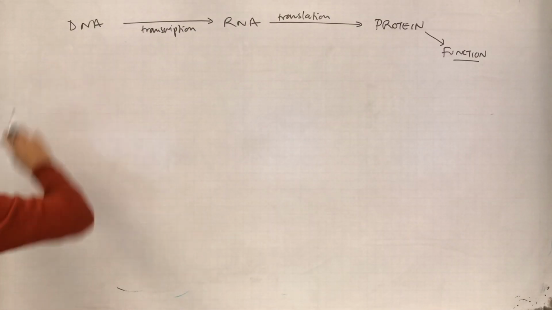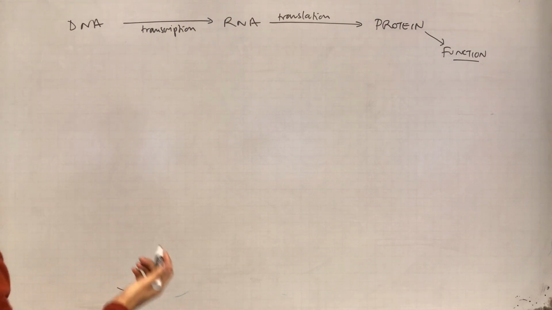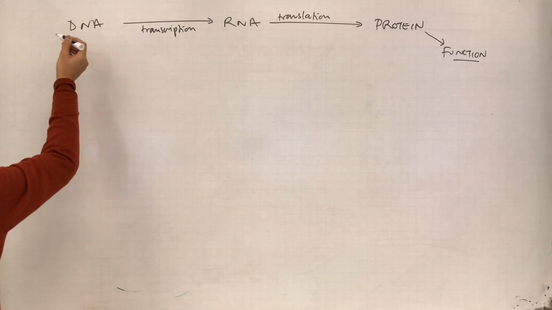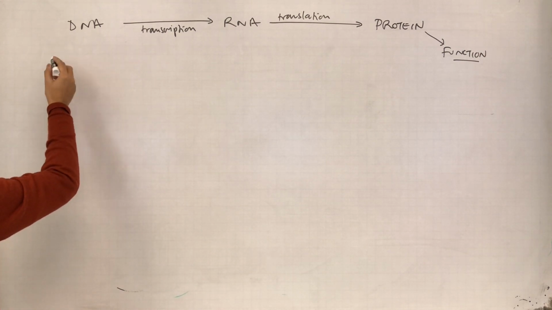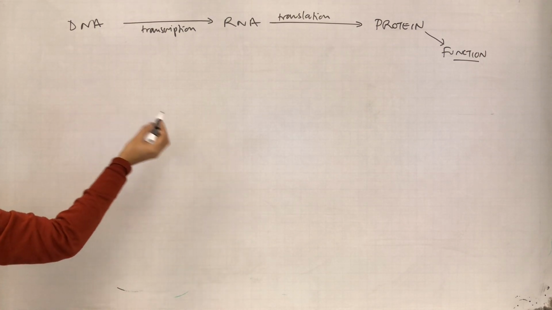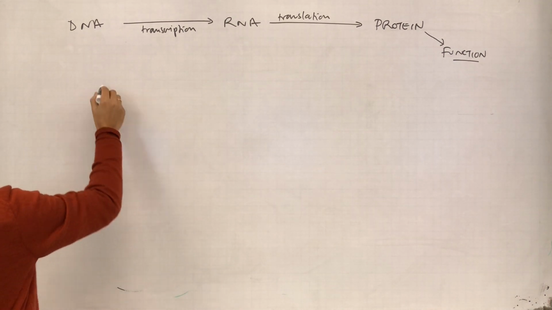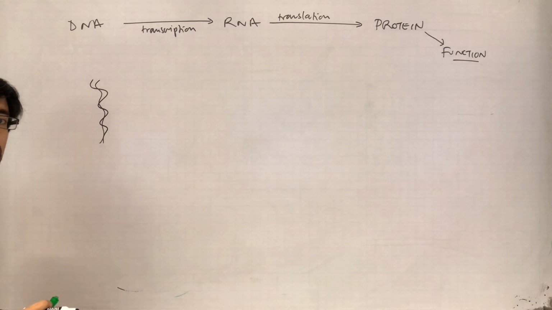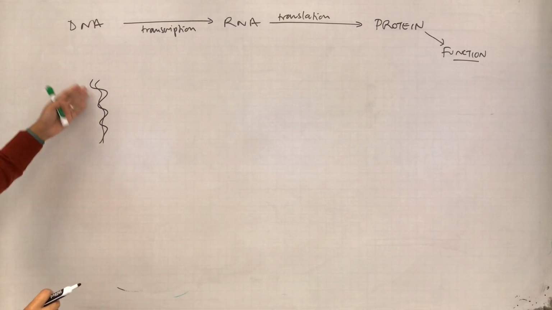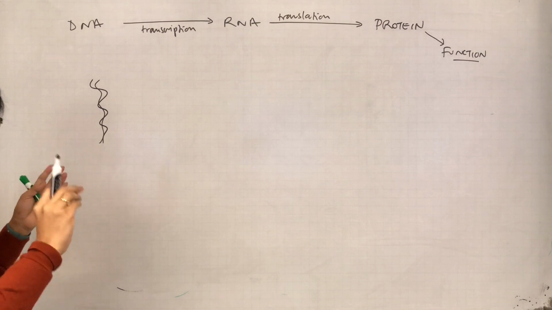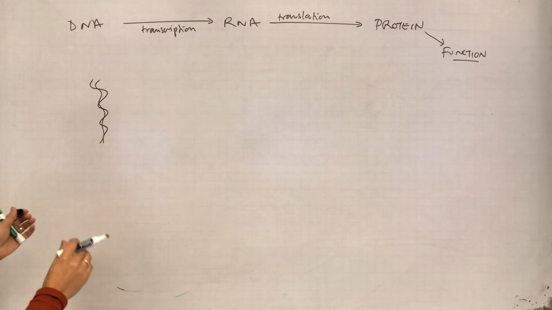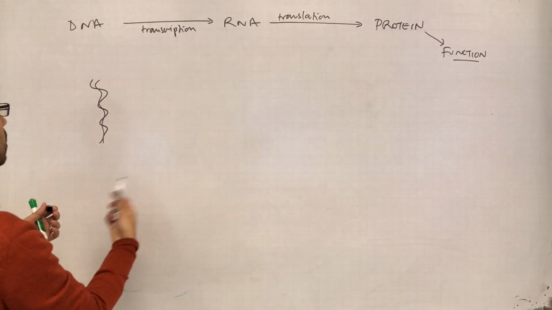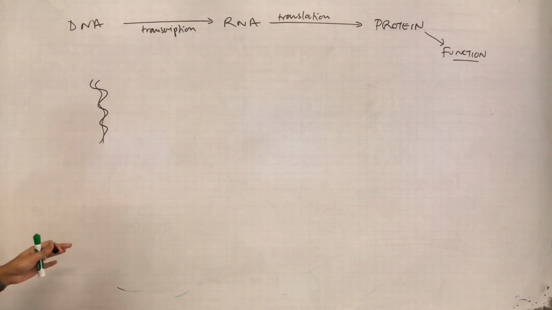So the first place that genes are regulated is in the structure of the DNA itself. We need to remember that DNA in year one, we might have just thought of as a double helix, two strands of polynucleotides, hydrogen bonded together through complementary base pairing, and forced into coiling because of interactions with water.